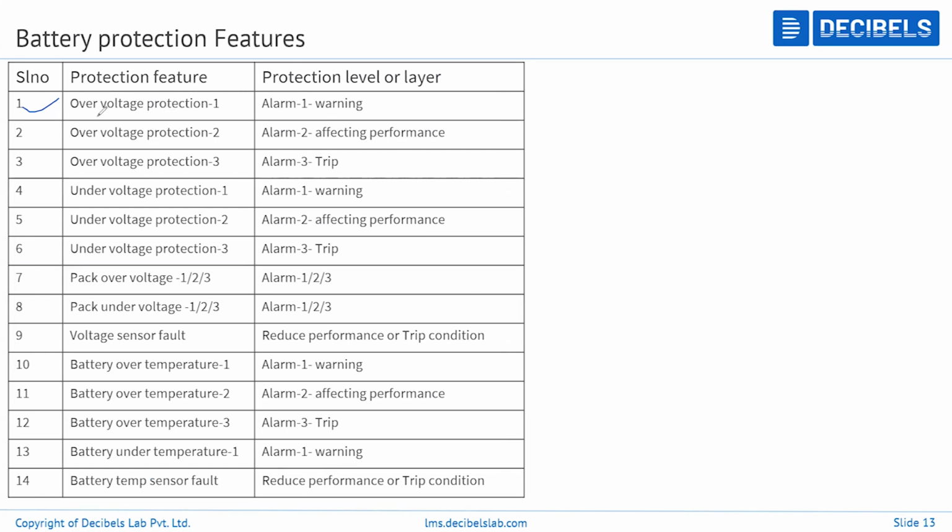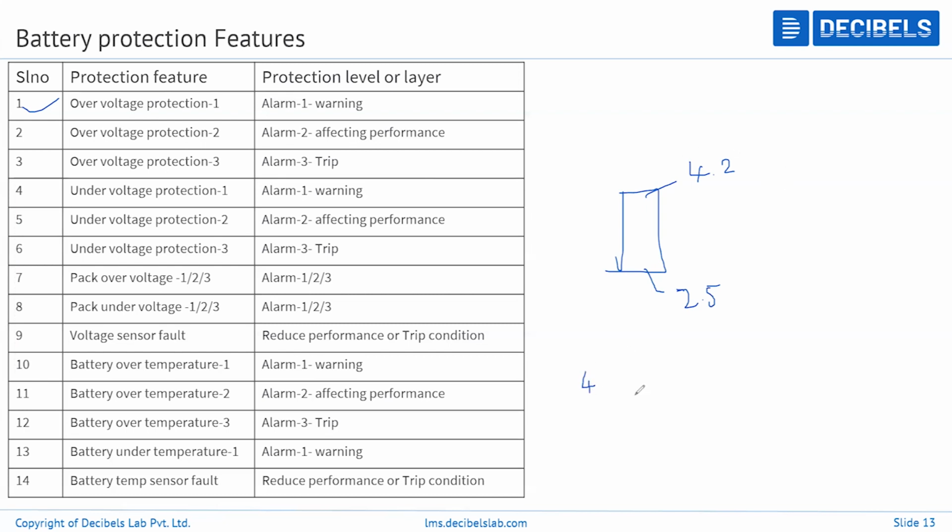When you take the over voltage protection, let's say for one cell, assuming that you have built the logic, the over voltage value is 4.2, which is given in the data sheet, and the under voltage is something like 2.5. So when you bring up this over voltage warning one, in the first you have configured the value like 4.2.